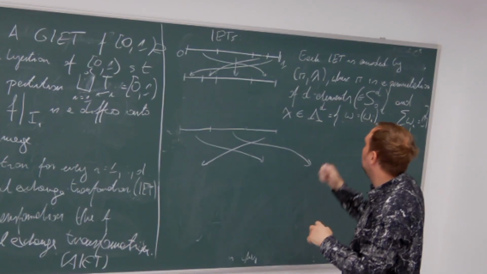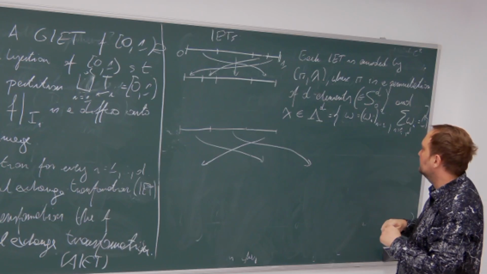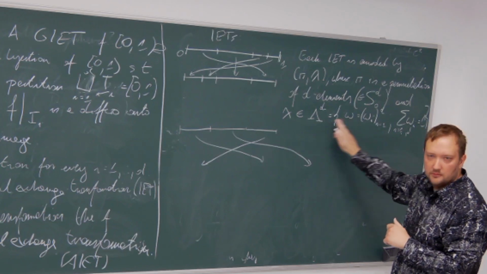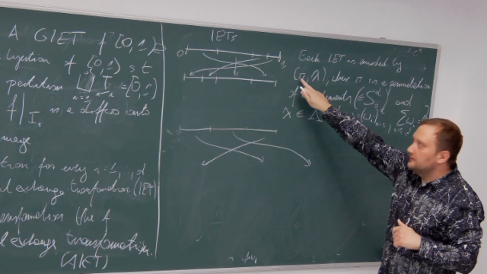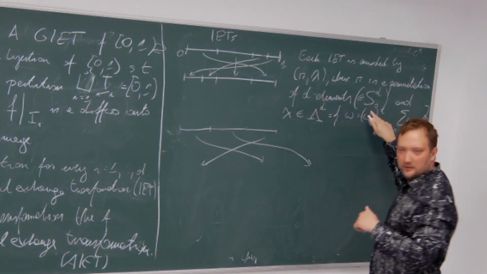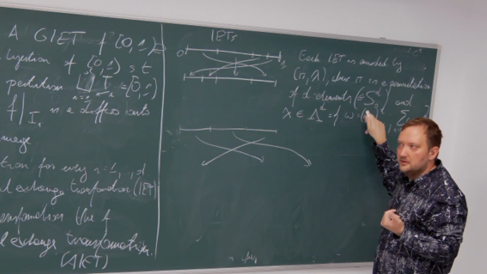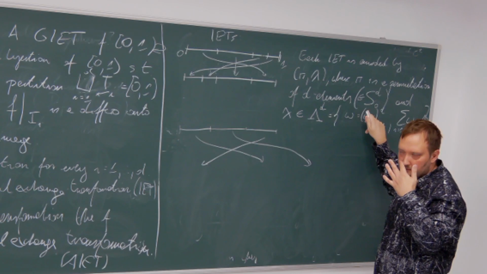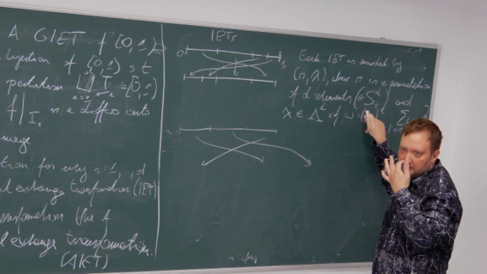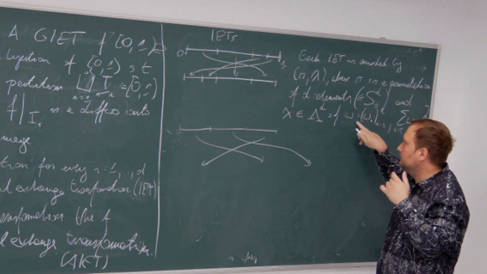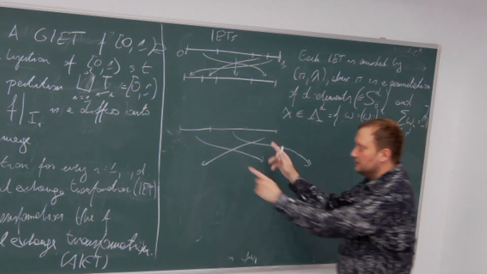Because we have the result by Masur and Veech. They say that for almost every parameter with respect to Lebesgue measure in this space, if the permutation is in S0D, then the interval exchange transformation is actually uniquely ergodic. And there is an even newer result, 15 years old, by Avila and Forni, who proved that for almost every parameter you even have weak mixing. So this is a very rare situation.